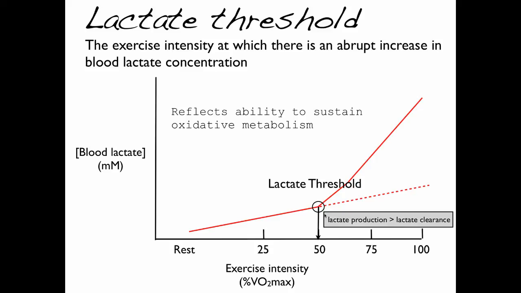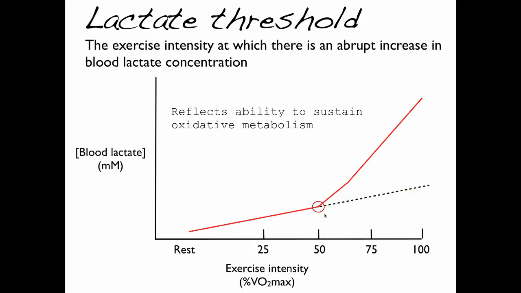And what it does reflect is the ability to sustain oxidative metabolism, being that the ATP demand is so high that it can no longer be obtained through aerobic ATP production only, that glycolysis is sped up, and that phosphocreatine is required.